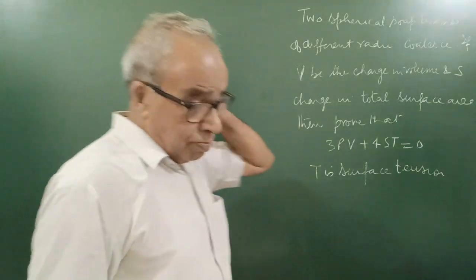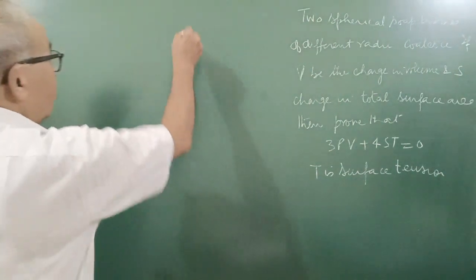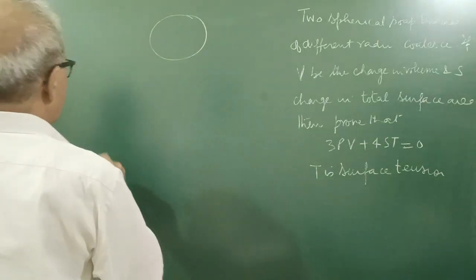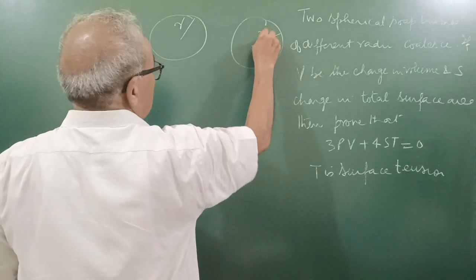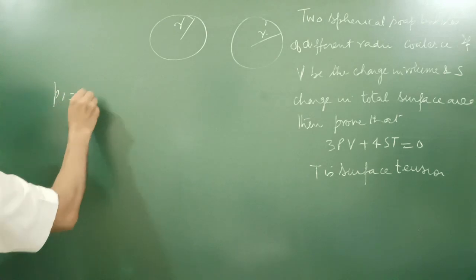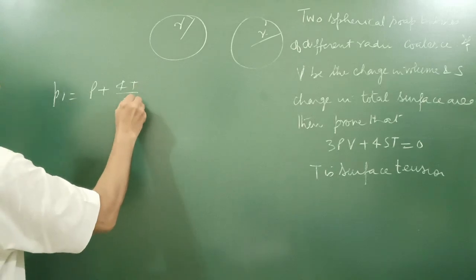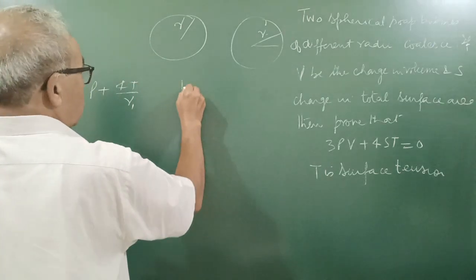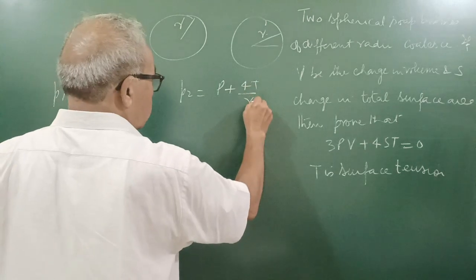Now, soap bubbles in air. If we have a soap bubble here in air, then the total pressure inside, there are two bubbles of radii R1 and R2. So the total pressure P1 will be atmospheric pressure P plus 4T upon R1, and inside the other, P2 equals P plus 4T upon R2.